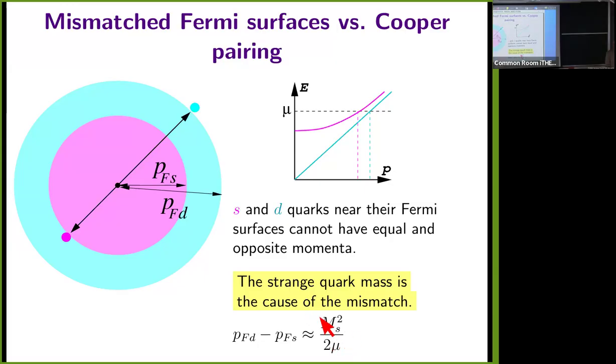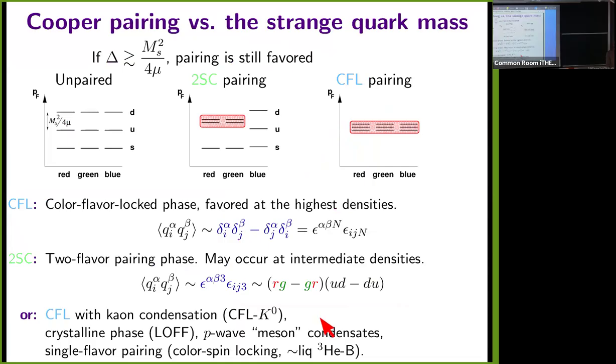The splitting gets bigger. So what I have on this page here is high density, sort of middle density, and low density. So at high density, this ms squared over mu quantity is not so big, and the Cooper pairing can overcome it. Roughly speaking, if the mismatch between the Fermi momenta is smaller than the gap you would get if you did the Cooper pairing, then the Cooper pairing doesn't care. It goes ahead, and you still lower the energy.